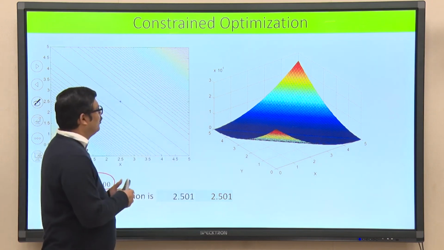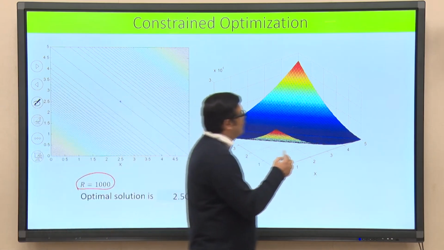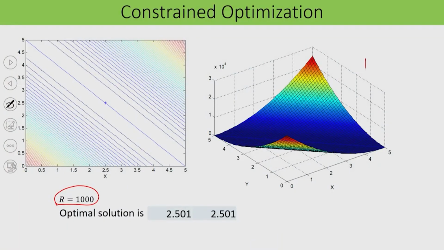Suppose you have an equality constraint h x equal to 0. What I can do is write that the absolute value of h x is less than epsilon. So, I can define that.